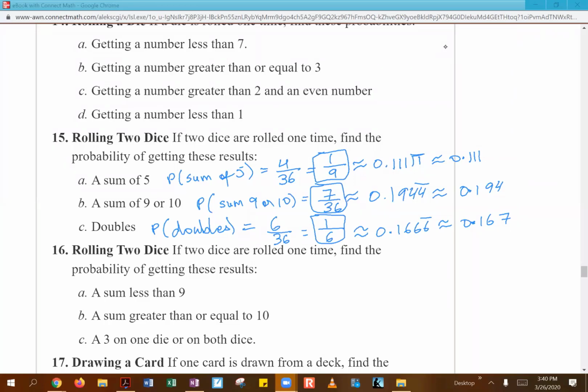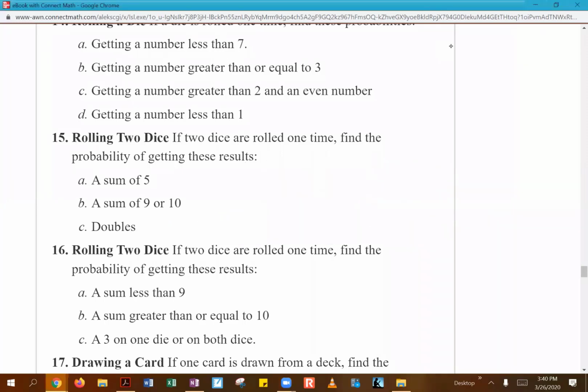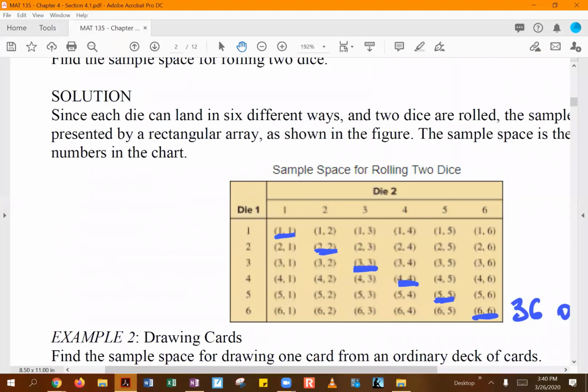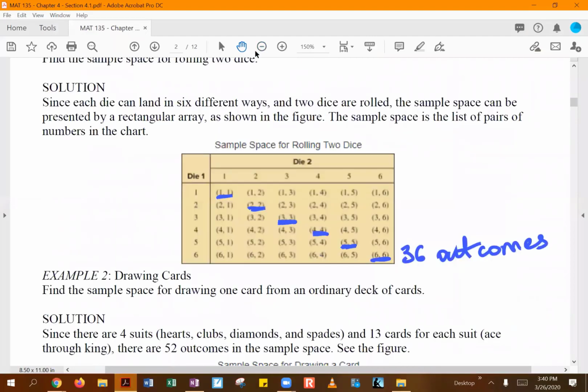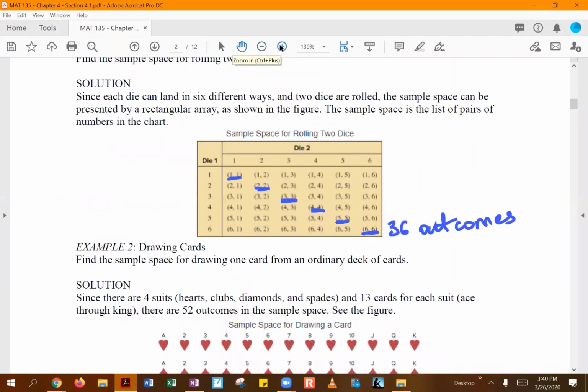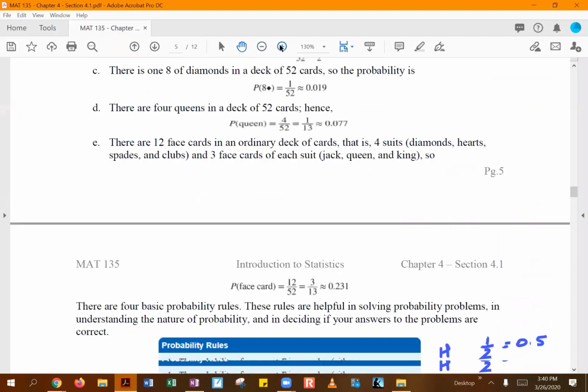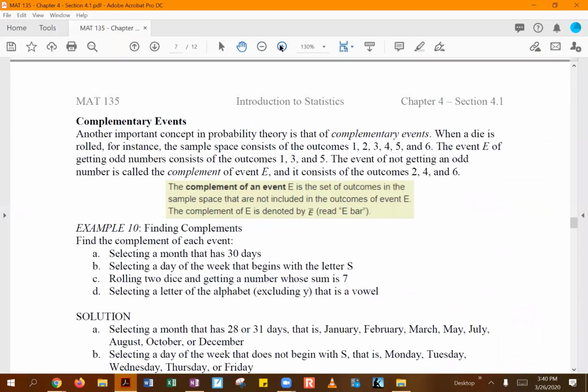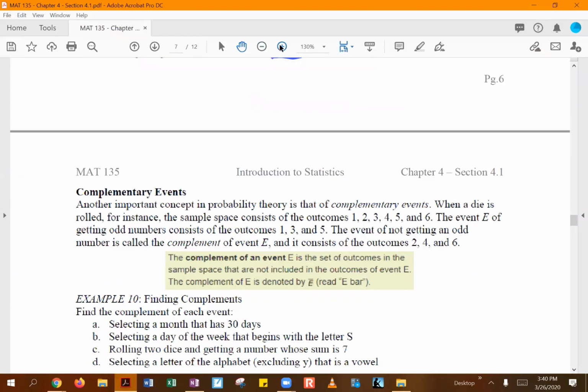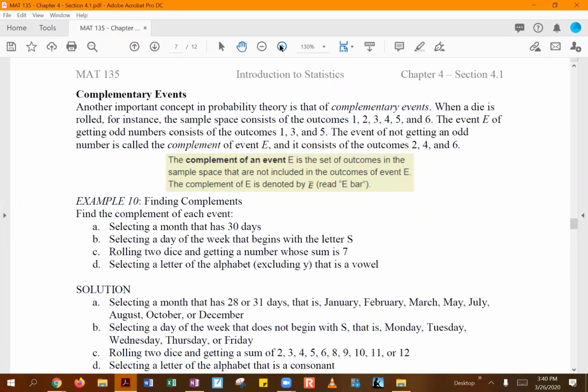Okay. All right, let's go back to our notes again here. So let's look at complementary events.